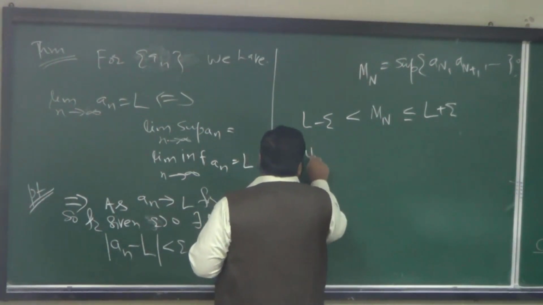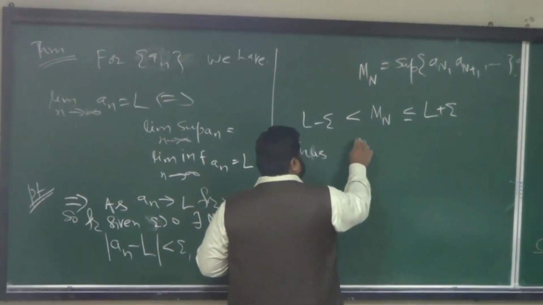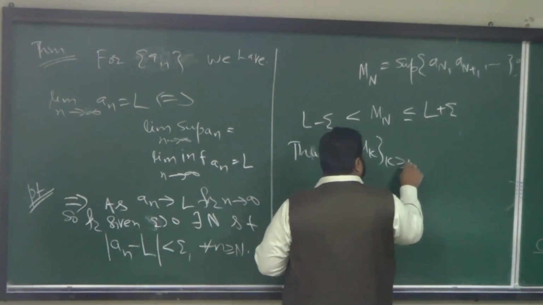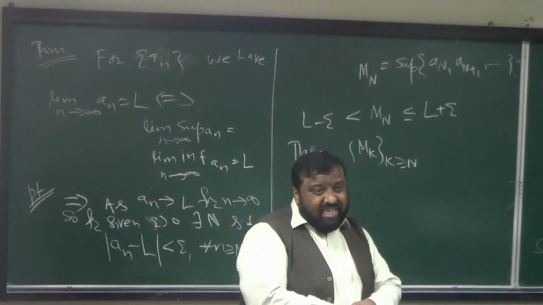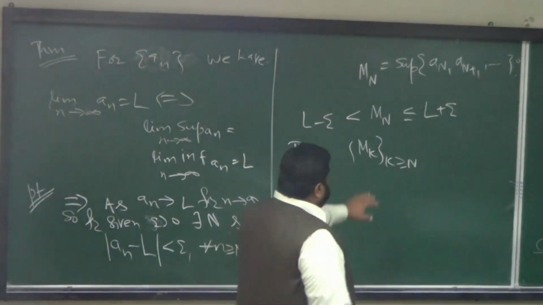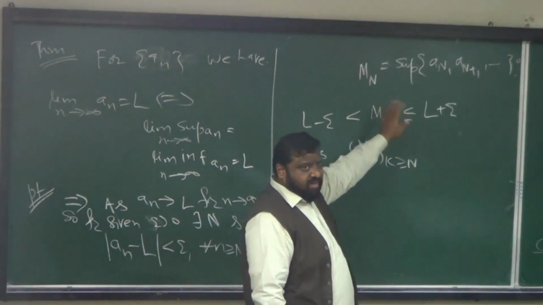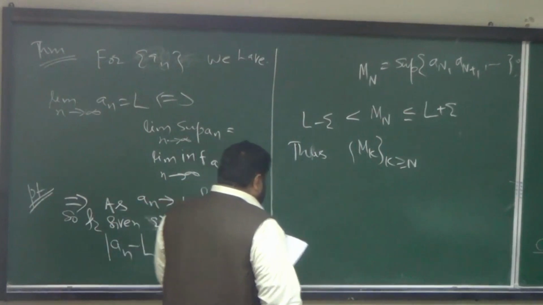Thus I would say that this sequence Mk, where k is bigger than or equal to n, like all those Mk's after this Mn, from Mn onward, is a bounded sequence.